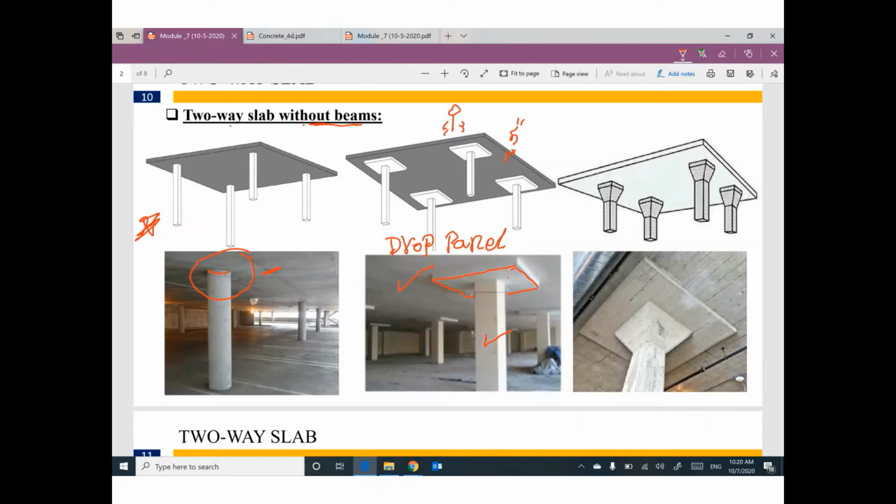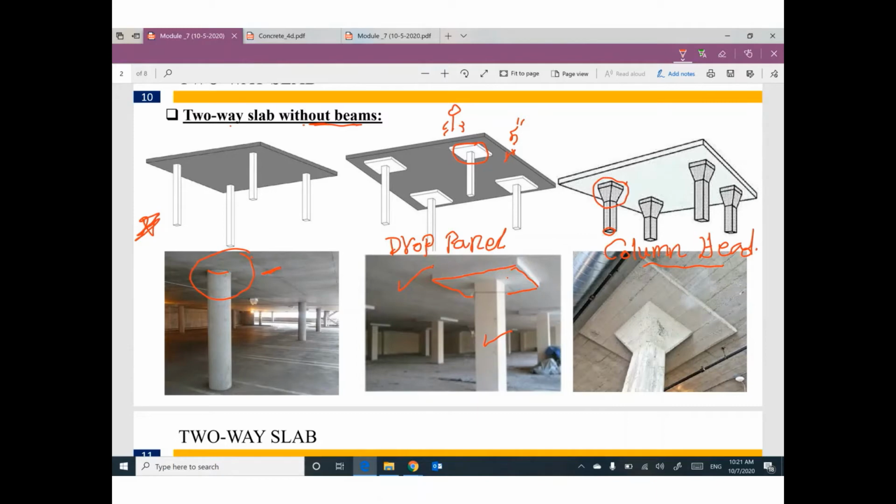We have another solution which is called column head. This one avoids increasing the thickness for the whole slab; we just increase the thickness of the slab around the column. For the column head, we avoided increasing the cross section of the whole column; we just increased the cross section at the top of the column.